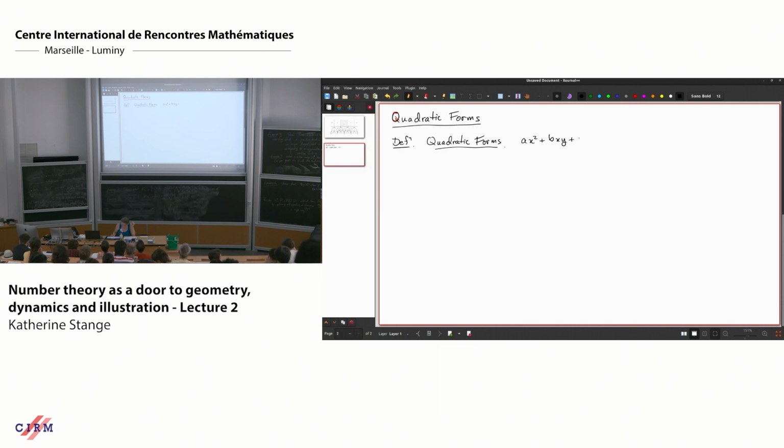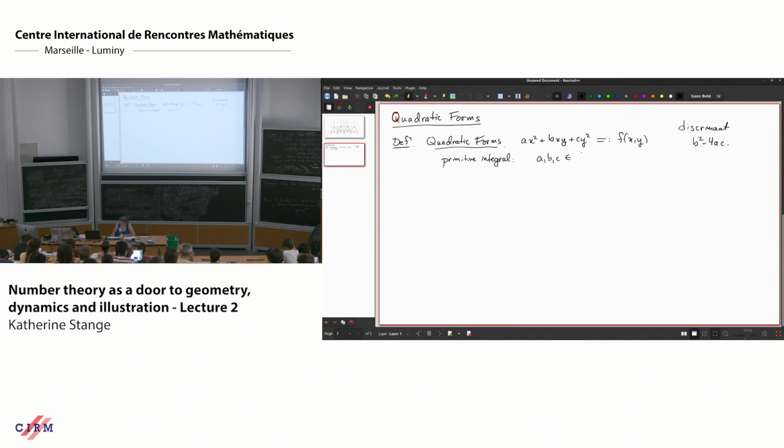So a quadratic form is just something like this. I might call that f of x, y. It's got a discriminant, same as for the polynomial. And for a number theorist, we'll often want these forms to have rational or even integer coefficients.